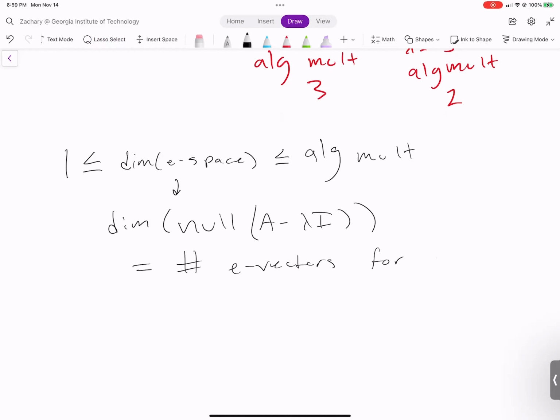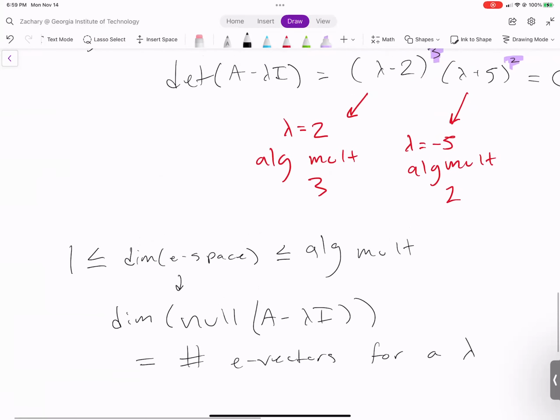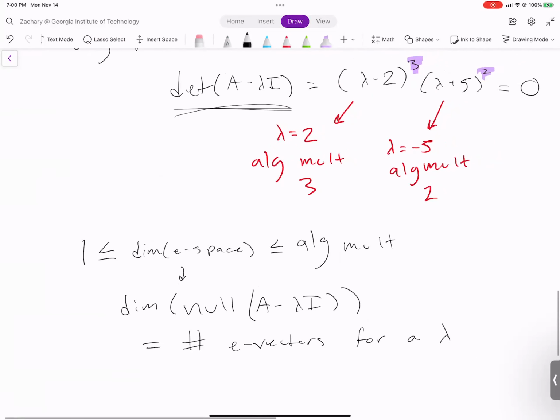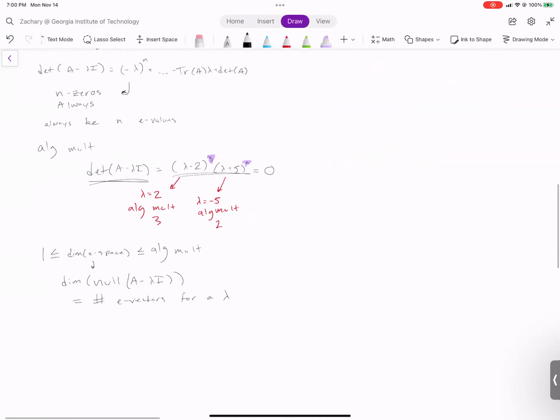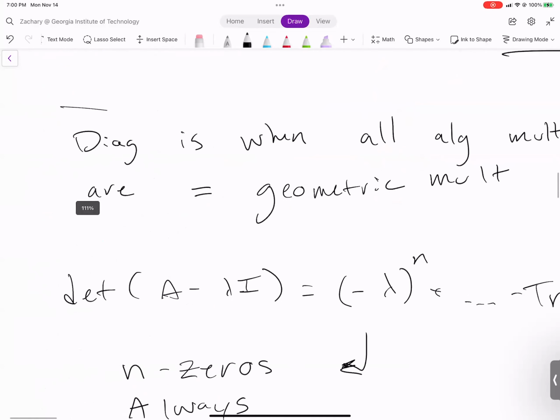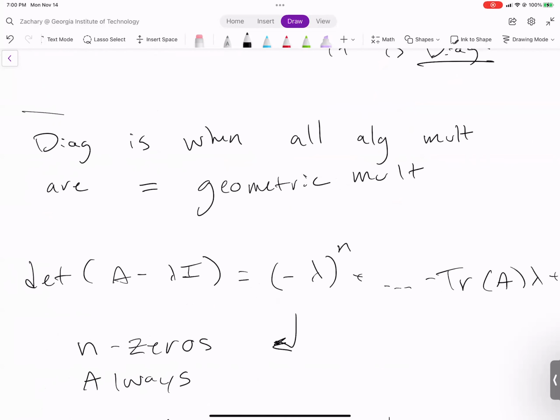So for instance, if this was my characteristic polynomial, here we have lambda equals 2 with an algebraic multiplicity of 3. And I say the dimension of the null space of A minus 2I is equal to 2. Is this a diagonalizable matrix? No, because it would have to be equal to 3. That's this statement up here: diagonalizable when all algebraic multiplicities are equal to geometric multiplicities.